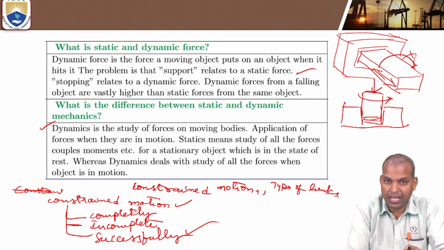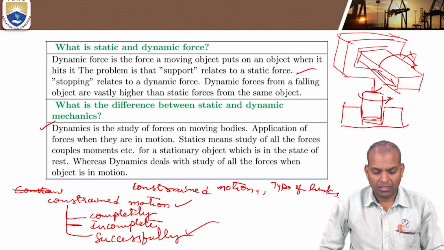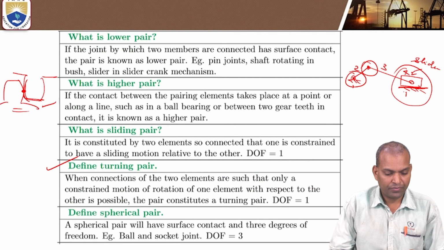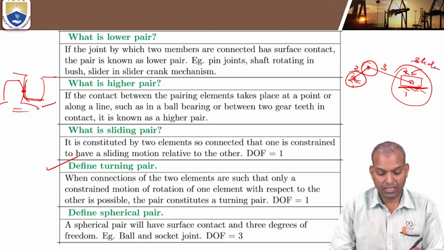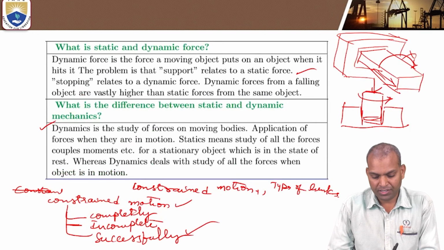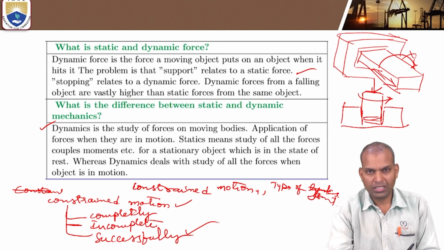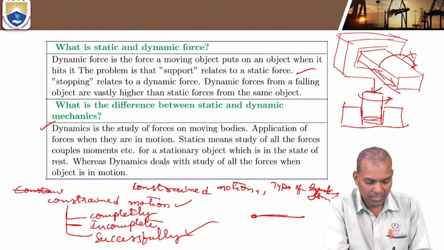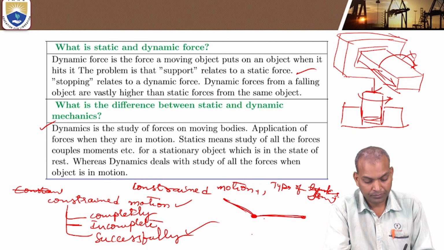Then what are the types of joints? As we have studied types of links, binary, ternary, quaternary, now what is a binary joint and what is a quaternary joint? If a joint connects two links, it is binary.